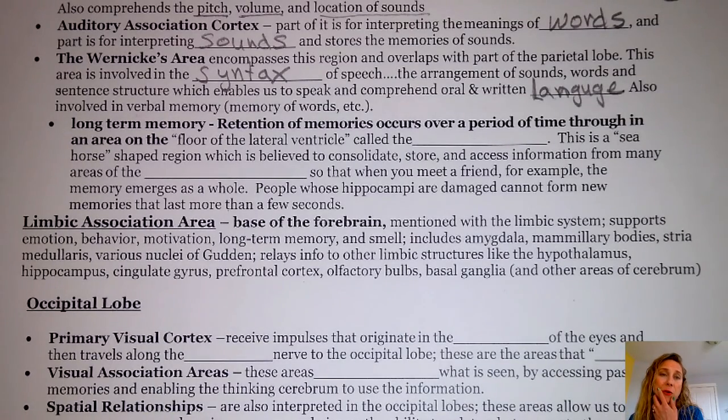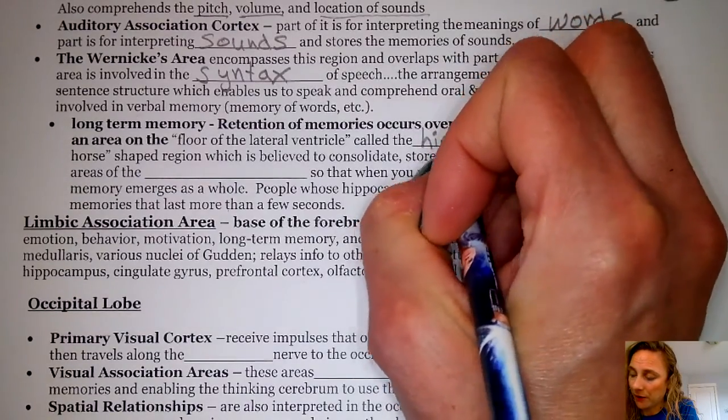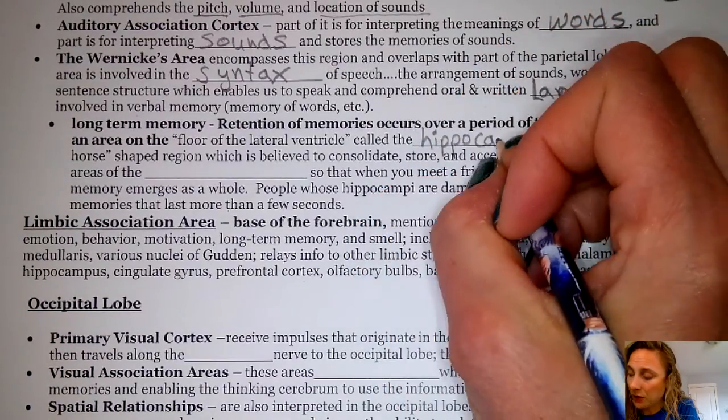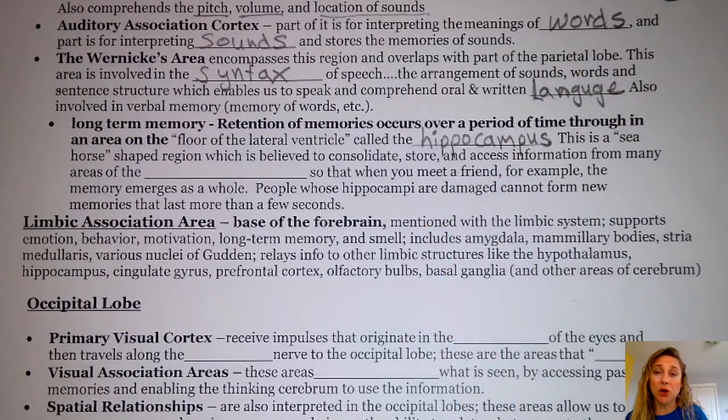This area, though, we've identified it more on the floor of the lateral ventricle. We call that the hippocampus. Yes, we've talked a little bit about that. We used to think that the hippocampus is where memories are stored, but no. It's called the seahorse-shaped region, hippo actually meaning horse, and campus for like the sea.